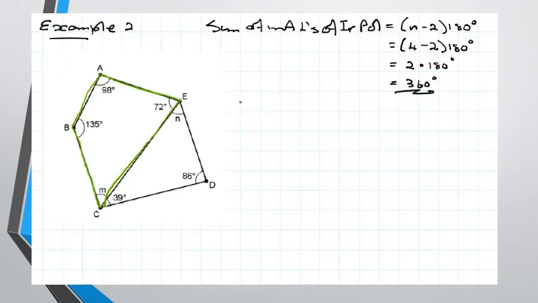So I'm going to say in that figure, I'm going to say now that angle A plus angle B plus angle C plus angle E must be then equal to a value of 360 degrees.